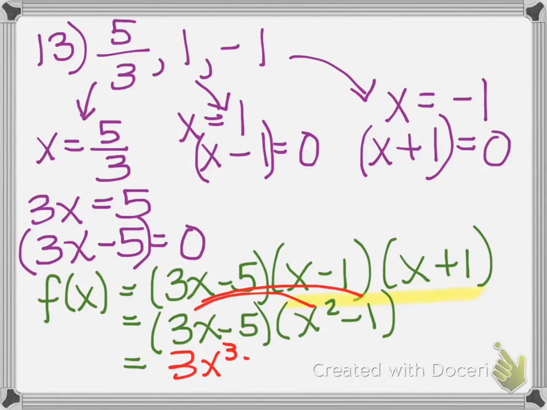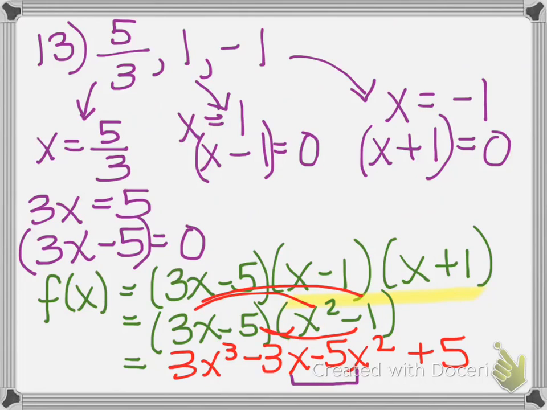The O is -3x. The I is -5x squared. And the L is +5. And then to clean this up, you're just going to move these 2 guys places so I can go in descending degree order. Okay? So that's writing the polynomial function.